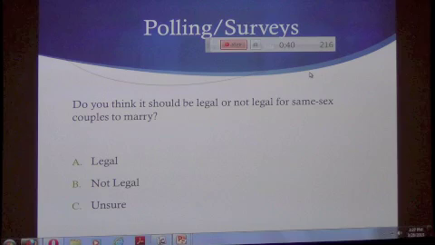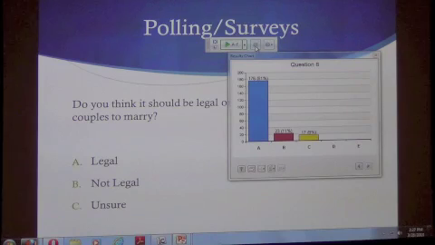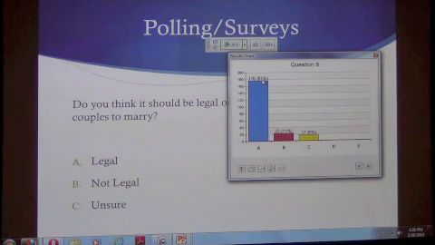Can I stop it? No, okay. Can I stop it now? Yes, I'm going to stop it. All right. Okay, let's see. Whoa, 81%? A whopping, only 11% think it should be not legal?